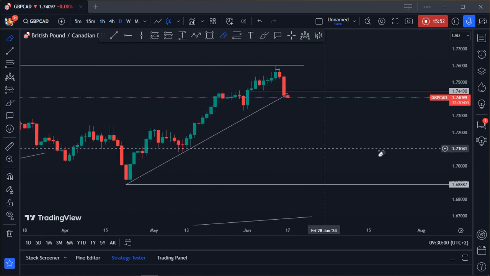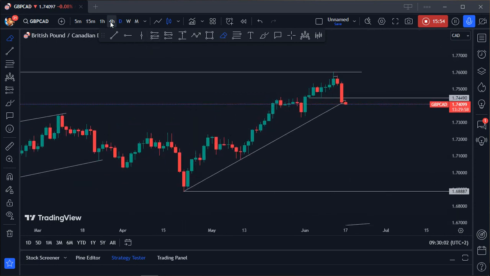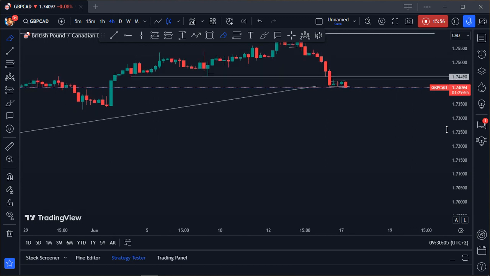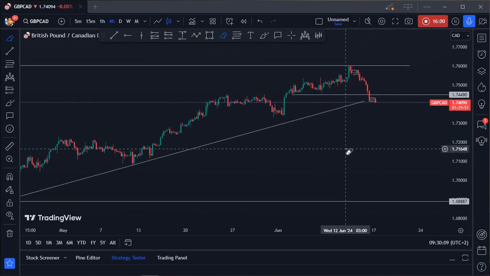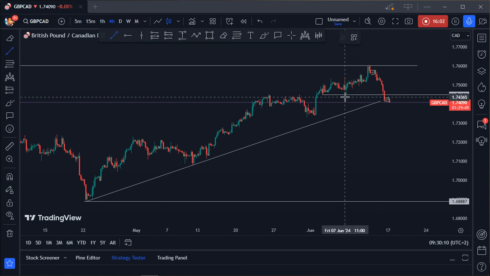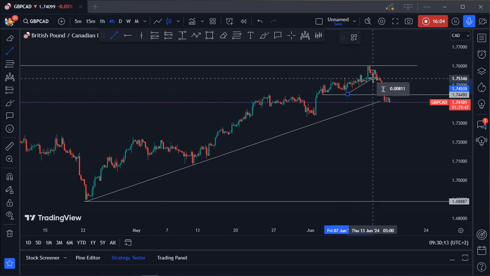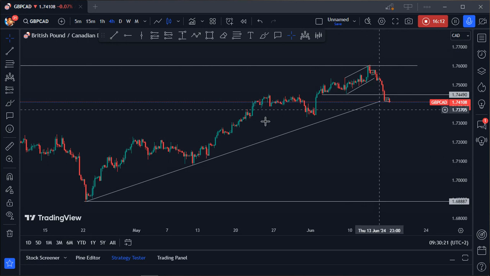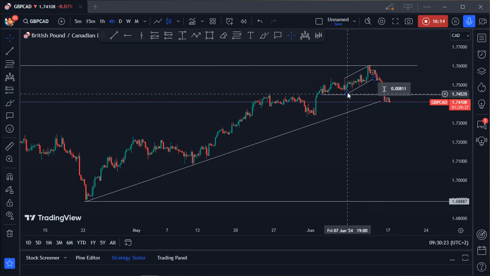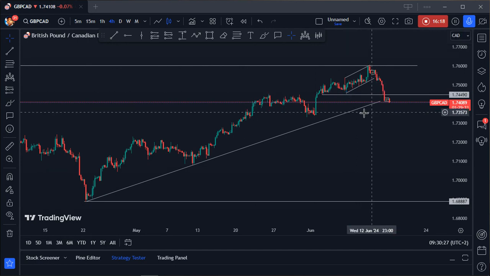Okay, so let's go to our 4 hour and highlight this structure. So this is the low that I'm talking about, that we have already broken, and we are trading below it.